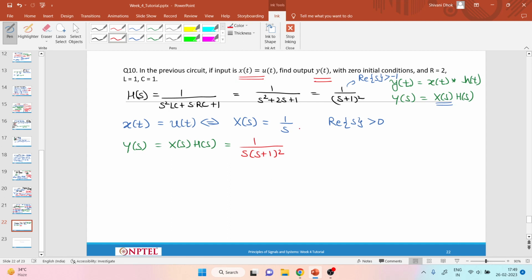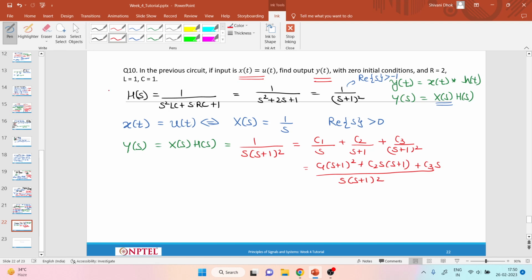For that we'll again use the partial fractions method, so that this can be written as c1 upon s plus c2 upon s plus 1 plus c3 upon (s plus 1) square, which is equal to c1 into (s plus 1) square plus c2 s into (s plus 1) plus c3 s, whole divided by s into (s plus 1) square.